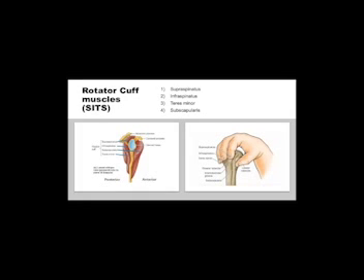Each muscle has a different function. Supraspinatus contributes to the first 30 degrees of abduction, and infraspinatus and teres minor contribute to the external rotation of the humerus. Subscapularis, since it inserts to the lesser tuberosity, will do internal rotation. So each individual function of the rotator cuff is different.